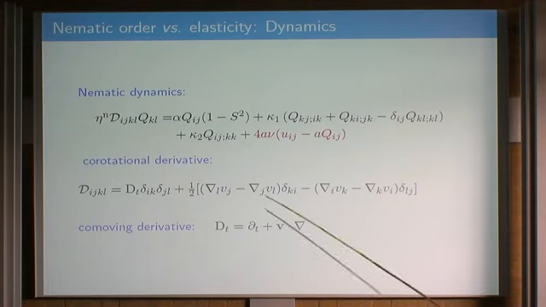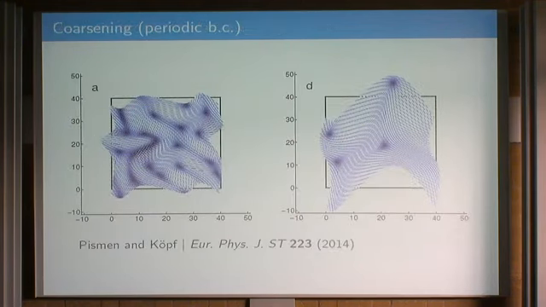The corotational derivative also has here a more complex form. And in this system we obtain also static and oscillatory instabilities.